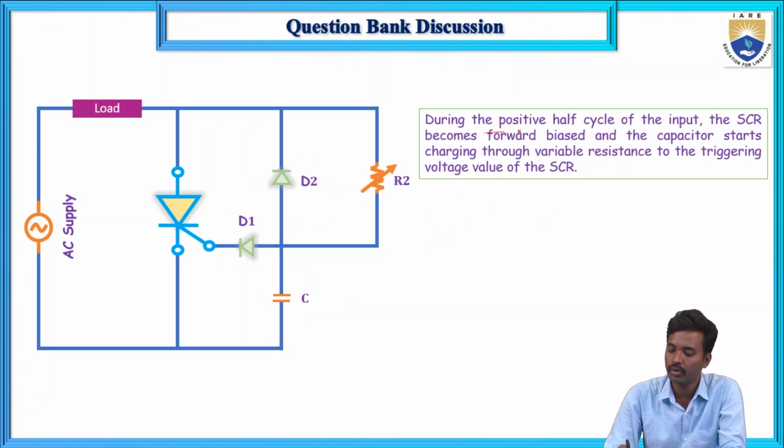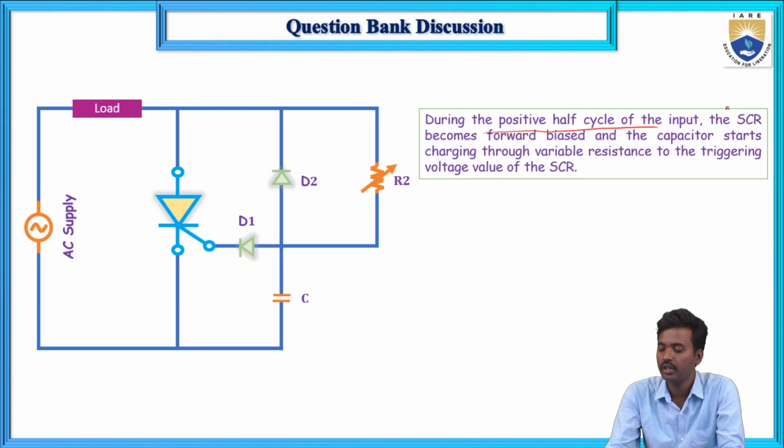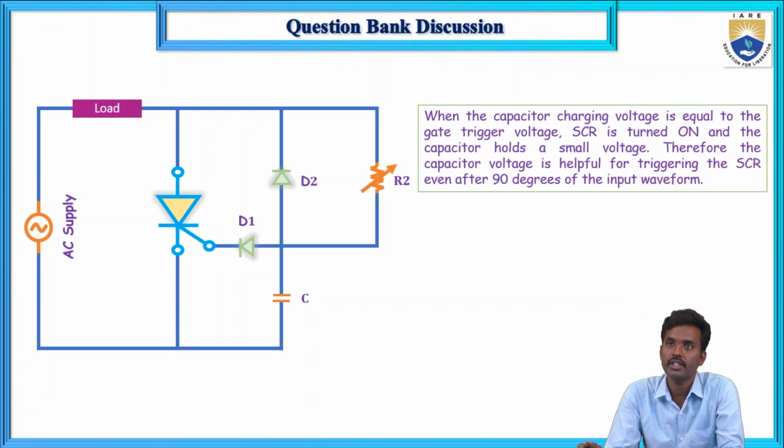Again during the positive half cycle of the input, the SCR becomes forward biased, and the capacitor starts charging through the variable resistor. When the capacitor voltage equals the gate triggering voltage, the SCR is turned on and the capacitor holds a small voltage value.